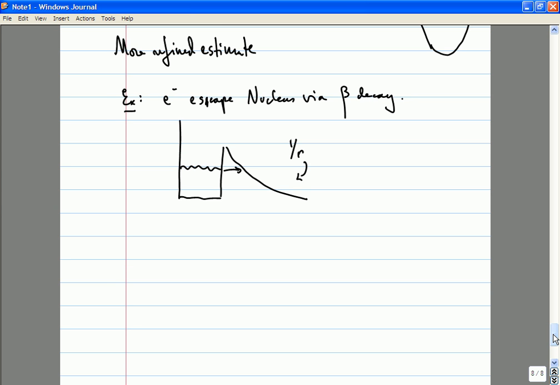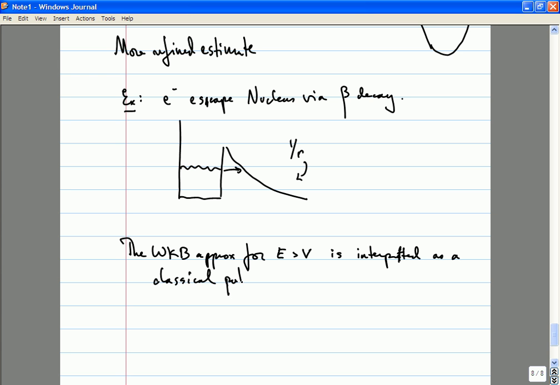The WKB approximation for E greater than V can be interpreted as a classical path. You can think of a particle bouncing back and forth between the walls of the potential. However, what about tunneling?